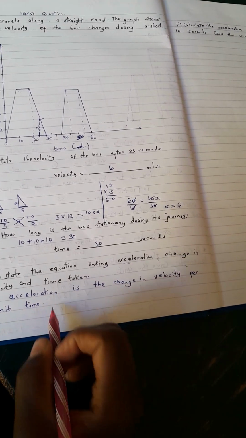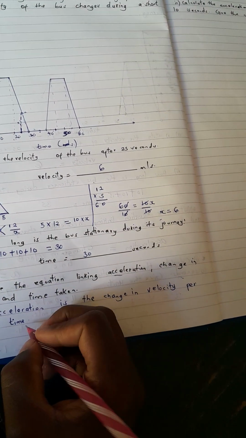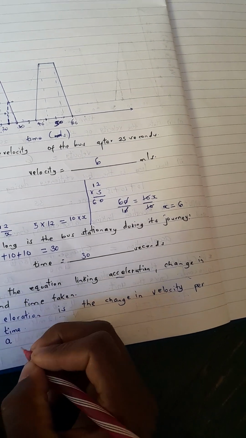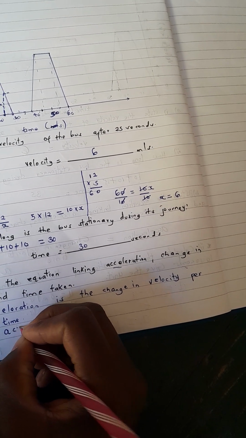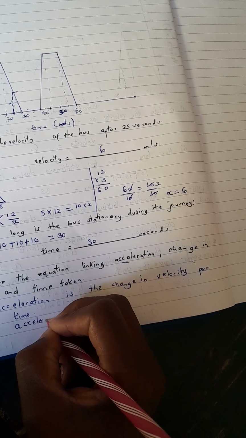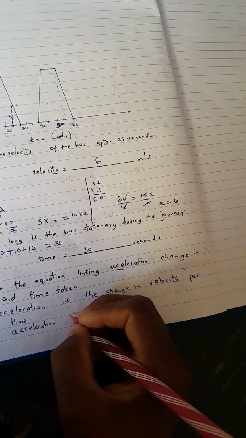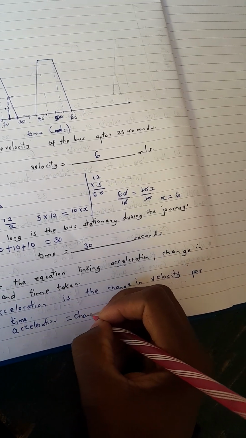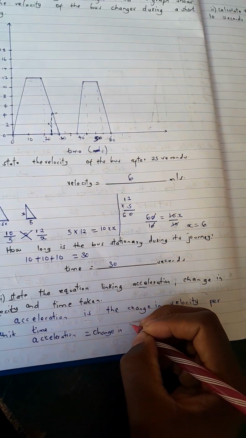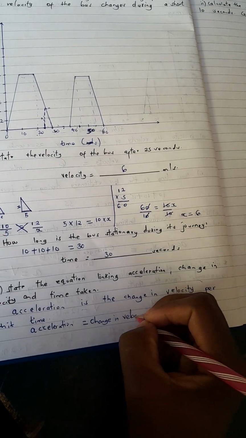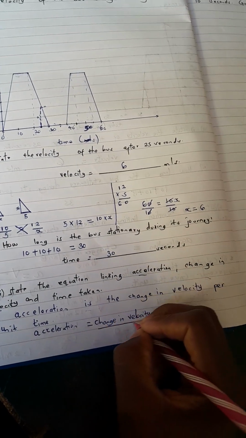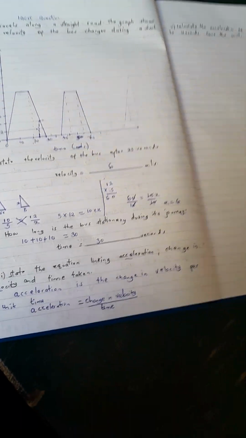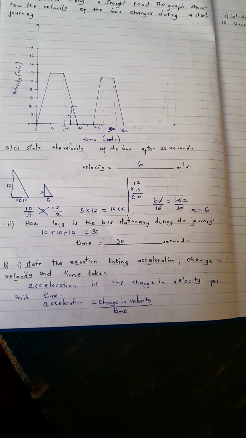So again, we can write this in initials. From the definition, we can say that acceleration is equal to change in velocity divided by, or per, unit time. So change in velocity means what?